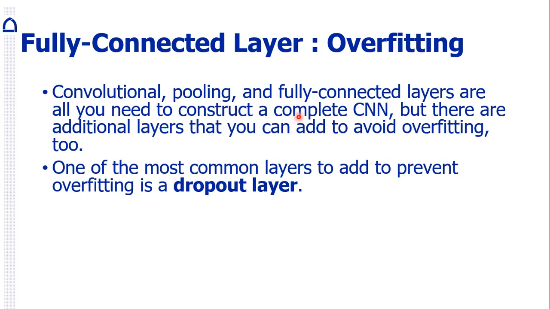Overfitting means it can classify only the dogs and cats that it was trained on. It cannot classify new samples. It knows exactly what it learned. It cannot generalize. It cannot understand other features.